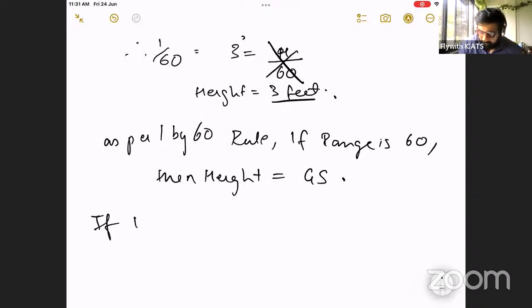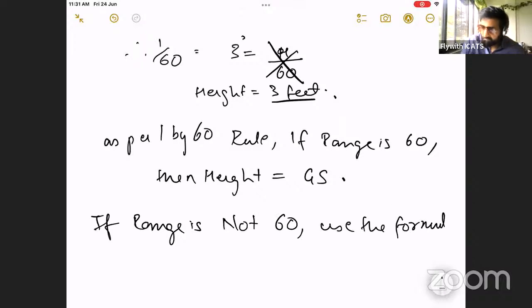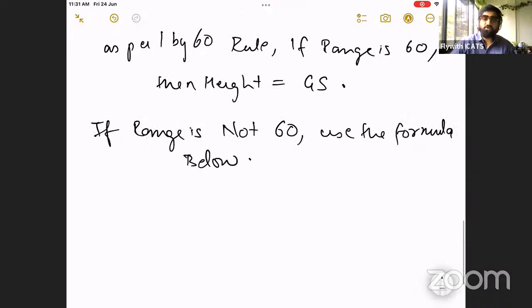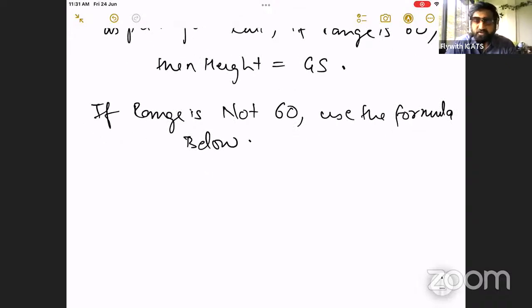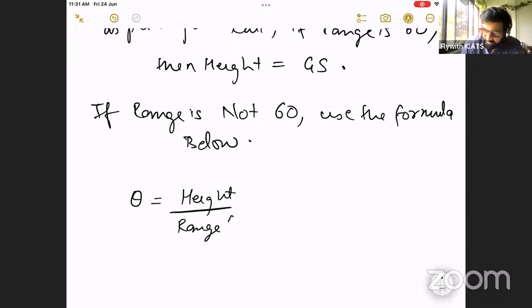If range is not 60, use the formula below. Now it is not compulsory that every time the range given to you will be 60. So we have to use another formula. What will be the formula? If range is not 60, then the formula is theta is equal to height upon range in feet into 60.